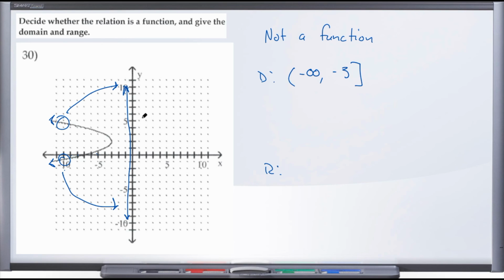And when you have that, it makes it a little easier to see what the possible y values are for this parabola. As the graph heads down, it's heading towards what? Negative infinity. And as this graph heads up, it's heading towards positive infinity. And so we can say then that our range is negative infinity to positive infinity.